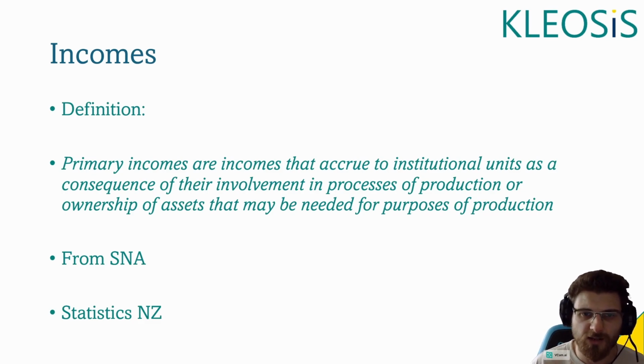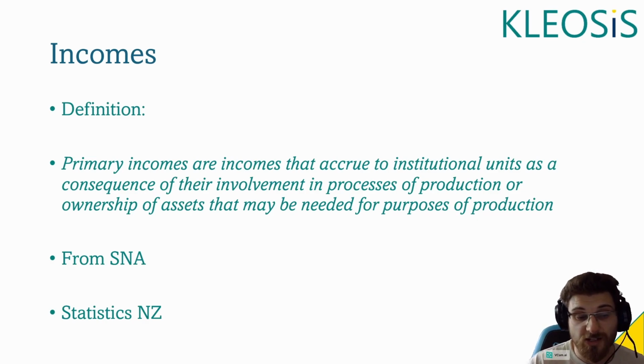So we're looking at the income that people and other factors of production derive from being part of the production process. So again, that was part of the last module, right? We looked at the production process. So people and assets and other economic agents are involved in that production process, and they derive income from that. And so that's what we call their primary income.